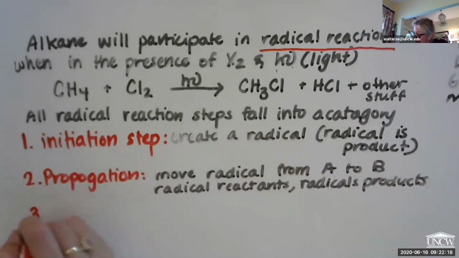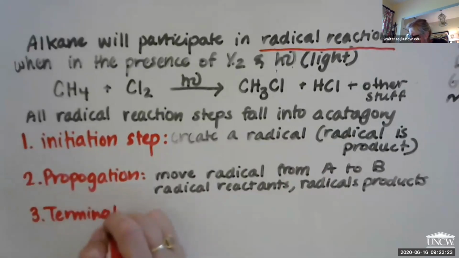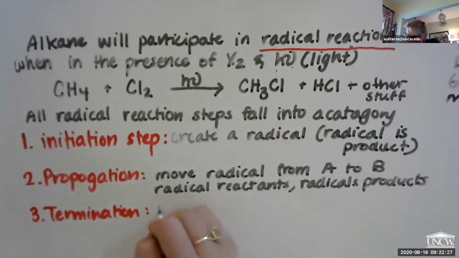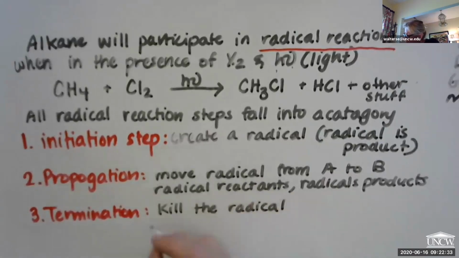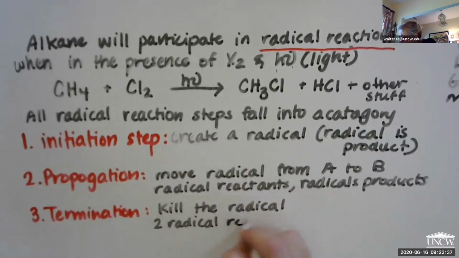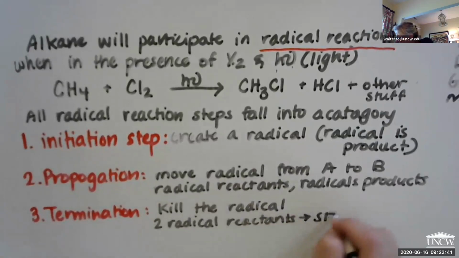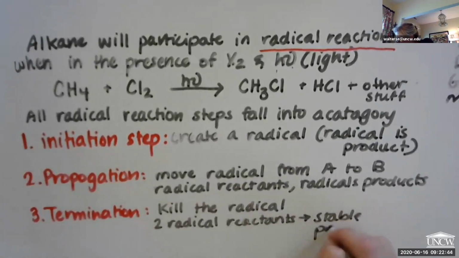The third step is called termination. In termination steps, you essentially kill the radical. You put two radicals in as reactants, and then you form a stable compound or a stable product.